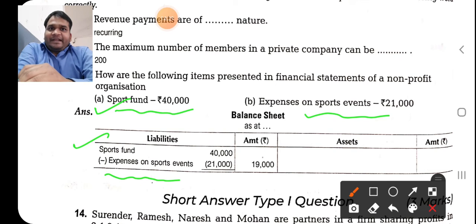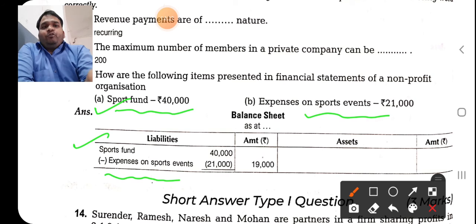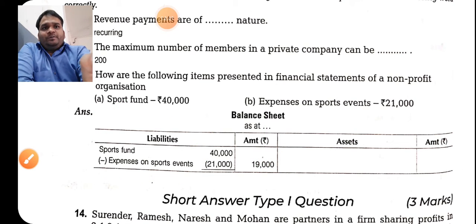Any income derived will be added to that particular fund, and whatever the outcome, like 40,000 less 20,000, you got an outcome of 19,000, you will present this information like this. I hope this point is clear to you.